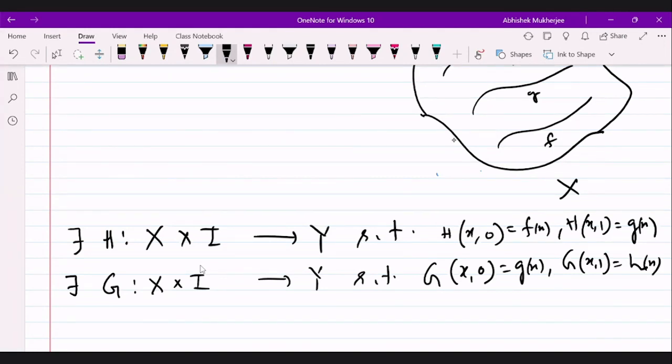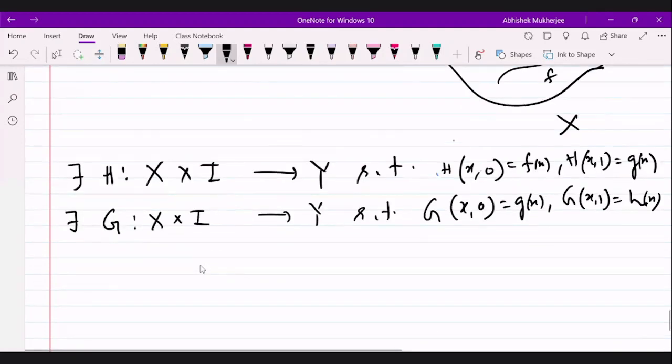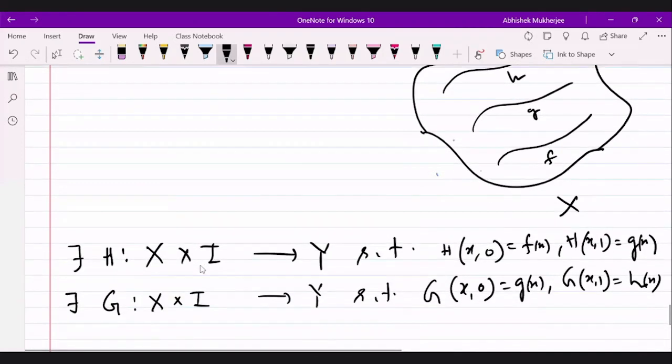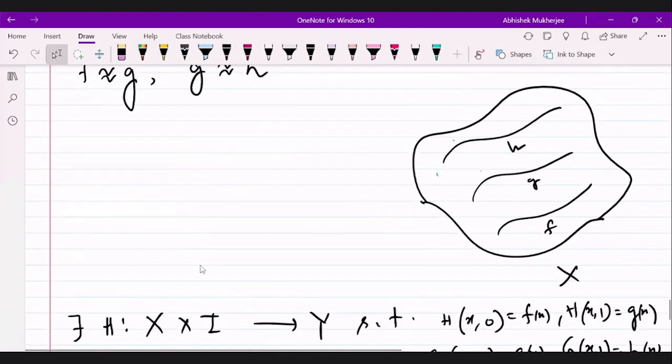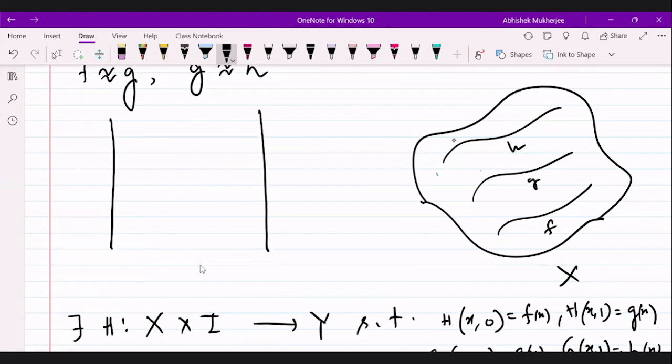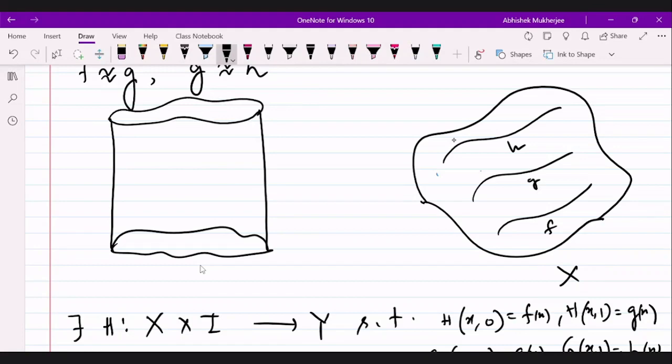Okay. Now you need to make some kind of gluing here, right? That means we are taking them together. But how can I? Suppose you are at the 0th level. So this is your X, and let it be at the 1th level.